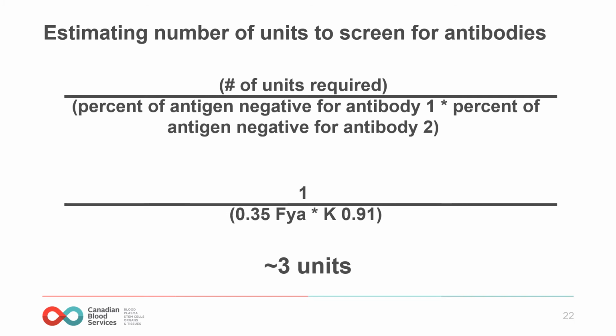The next question is about finding negative antigen units for Duffy A and Cw. And how do we do that?